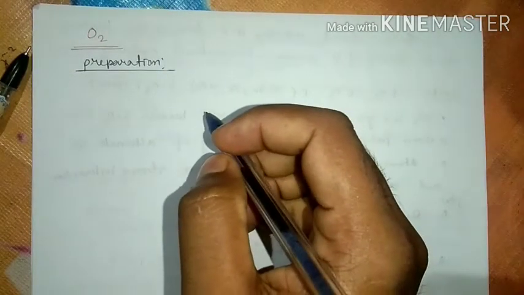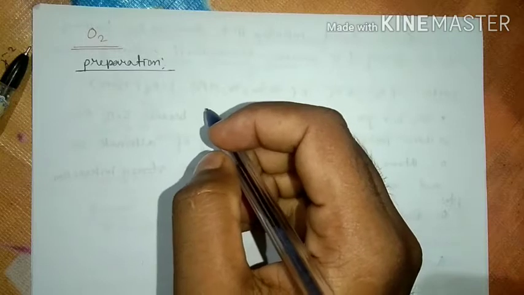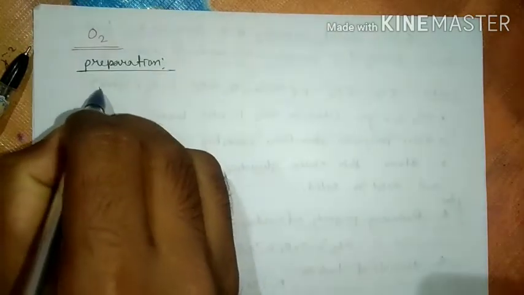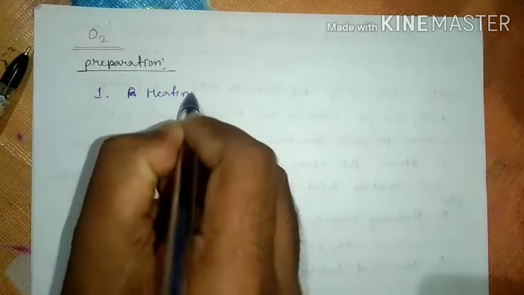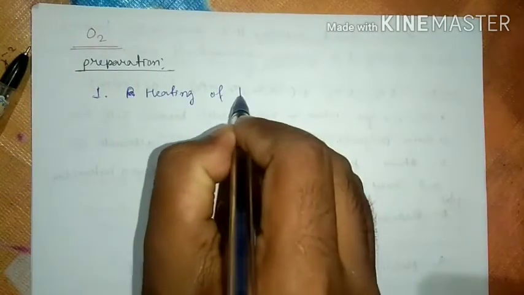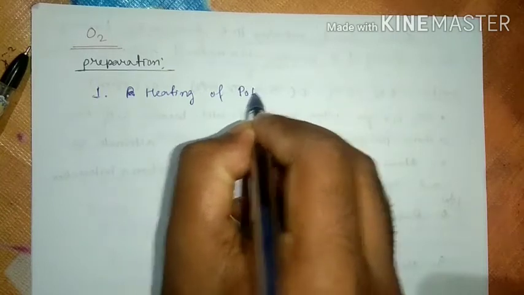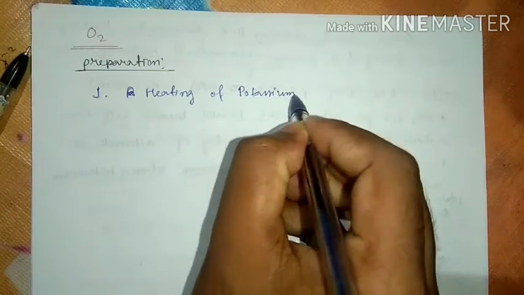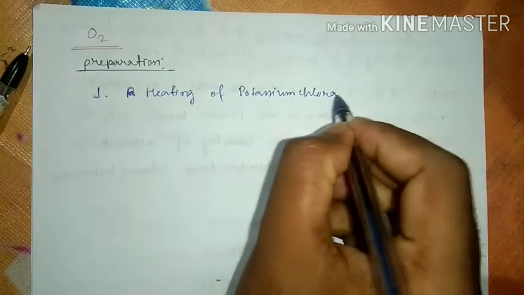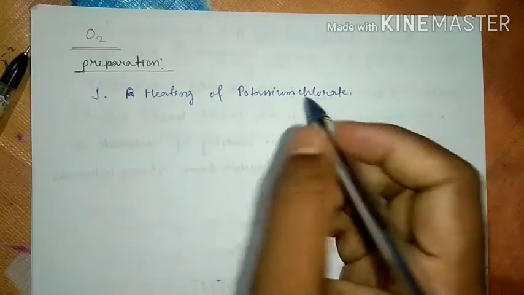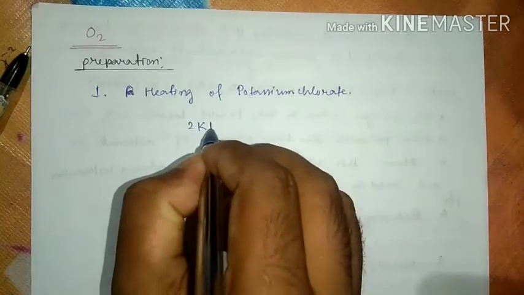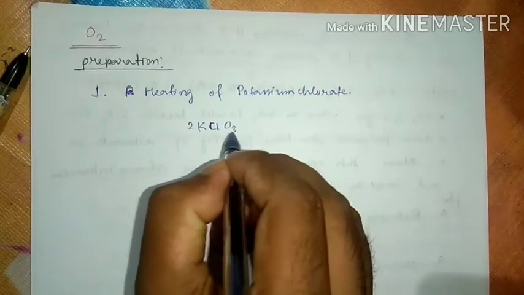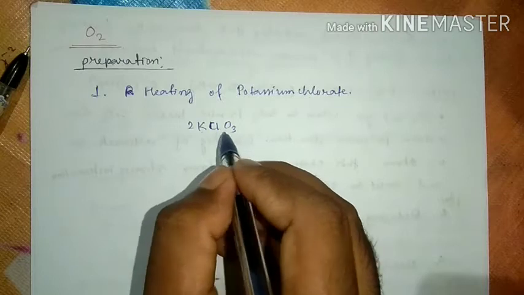The first preparation method is when we heat potassium chloride, KClO3.